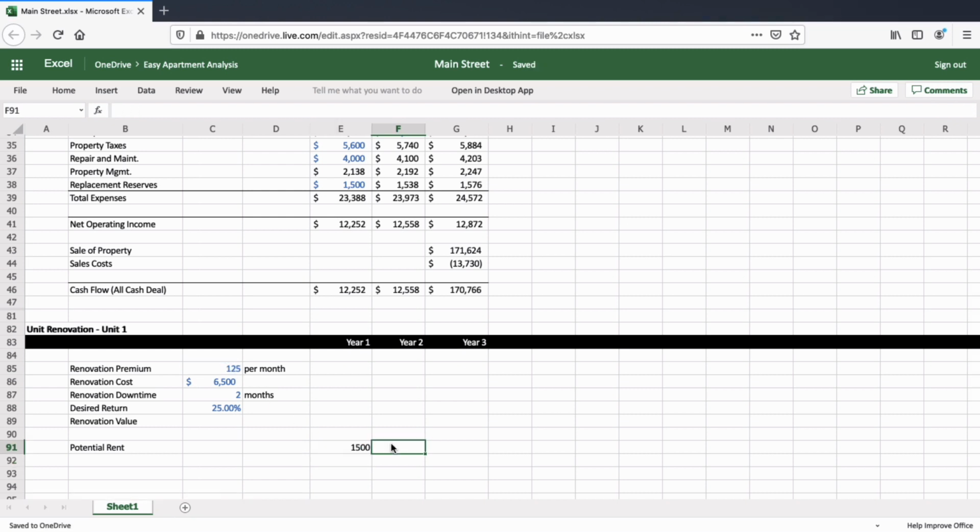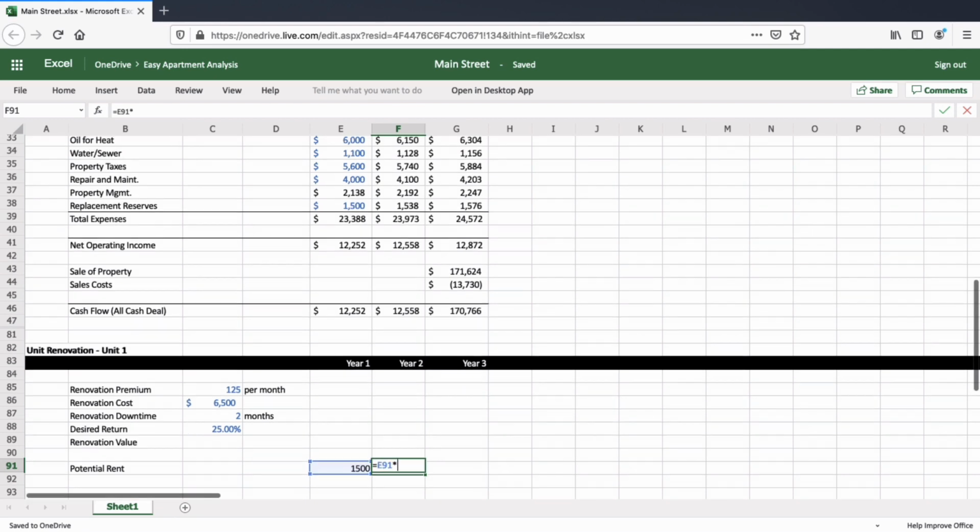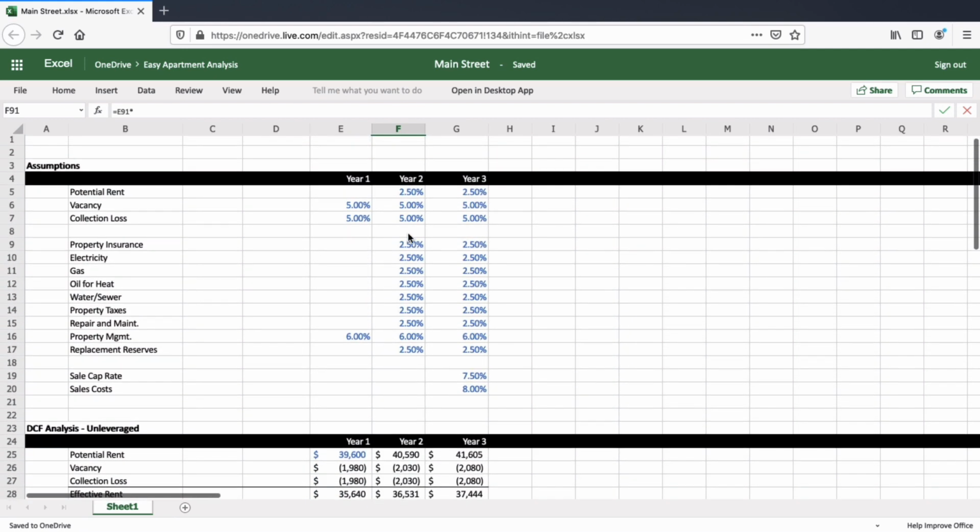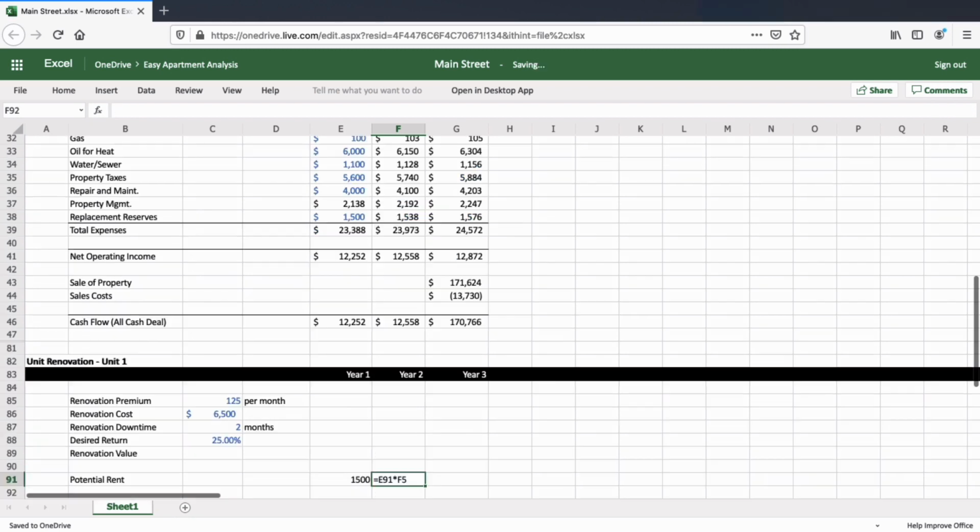Then I'm going to increase this by the assumption amount up at the top, the 2.5% increase in potential rent. That's the increase amount, so let's add it to the prior year amount. So the increase plus the prior year amount gives you the new total.